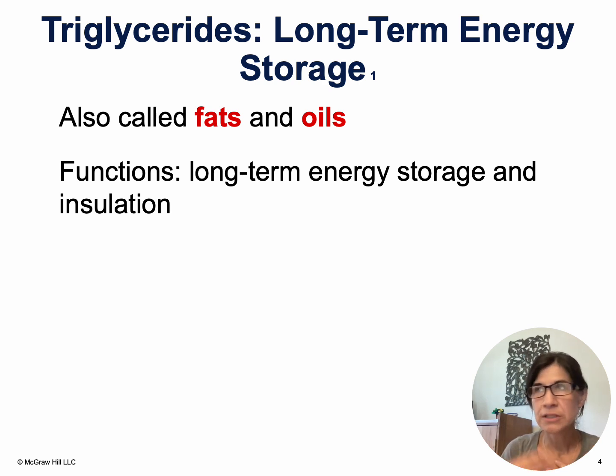So even if you didn't eat for a long time, your body would break that fat down and use it for energy. So that's how your body stores excess energy. Oil is the same thing. Now, the difference with fats and oils is where they're derived, and we'll talk about this. Fats are usually animal-derived, and oils are plant-derived.